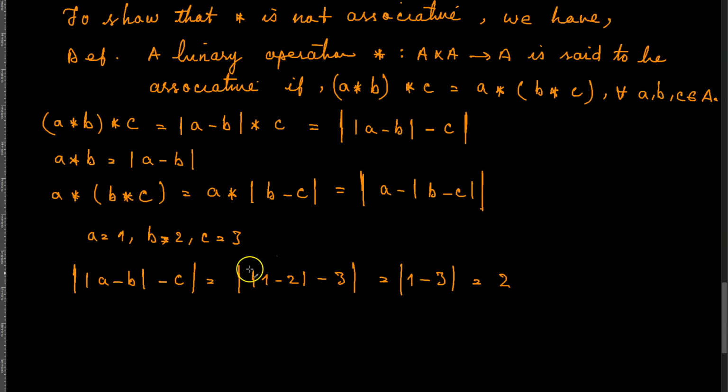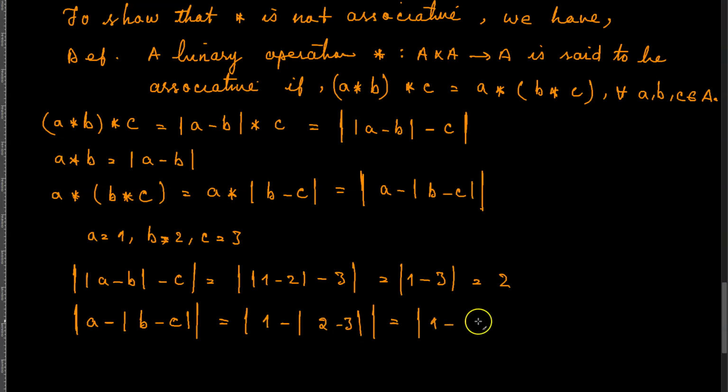Now the absolute value of a minus the absolute value of b minus c is equal to 1 minus the absolute value of 2 minus 3, which is equal to the absolute value of 1 minus 1, which is equal to 0, right?